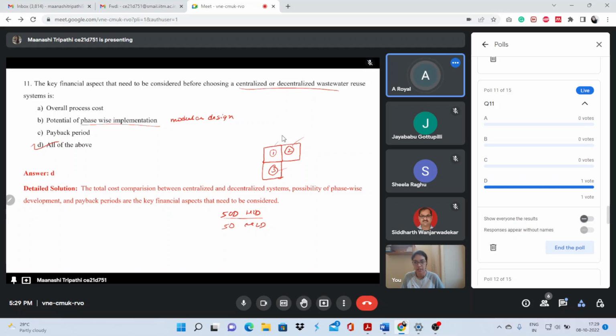Correct, very correct. It won't be feasible. We will be underutilizing the plant. And if any treatment unit is not working, the whole plant will collapse. It is like we are just putting in money and we are not getting anything. The plant capacity is underutilized. All the pipes, all those things will be underutilized.